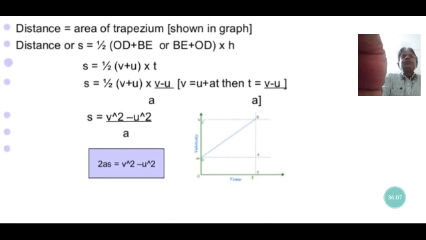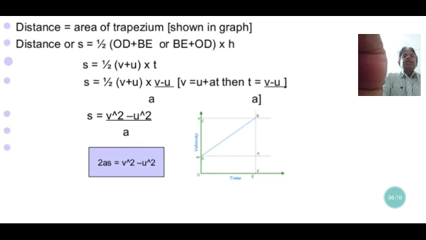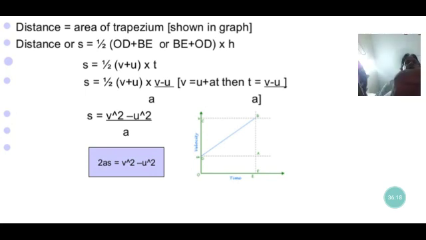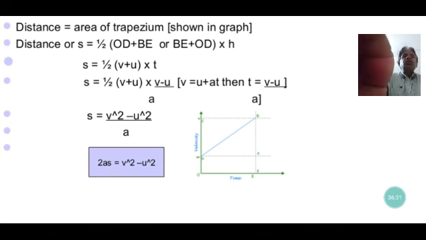Now look here. Here is the area of the trapezium shown in the graph. We can easily find the distance S is equal to half into OD plus OD into H. It is H here.